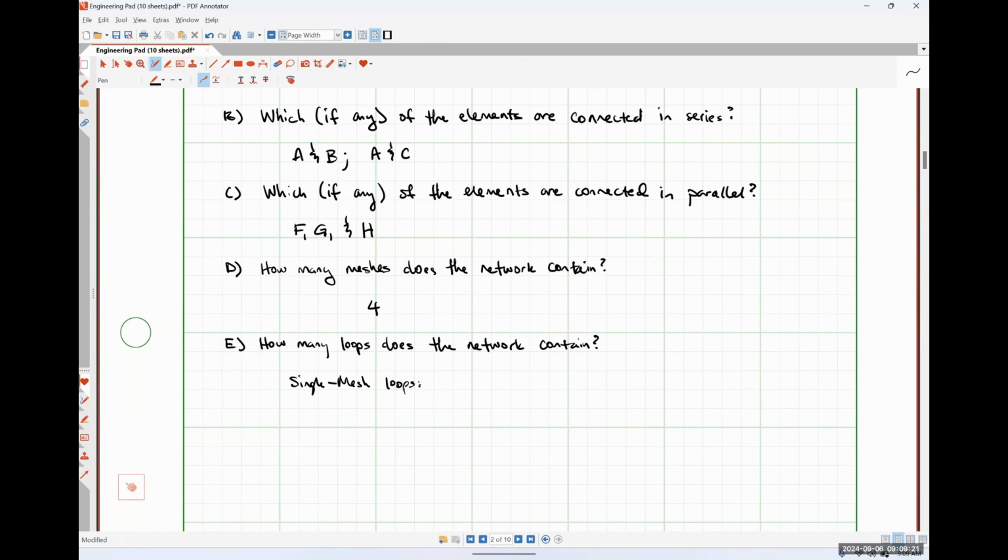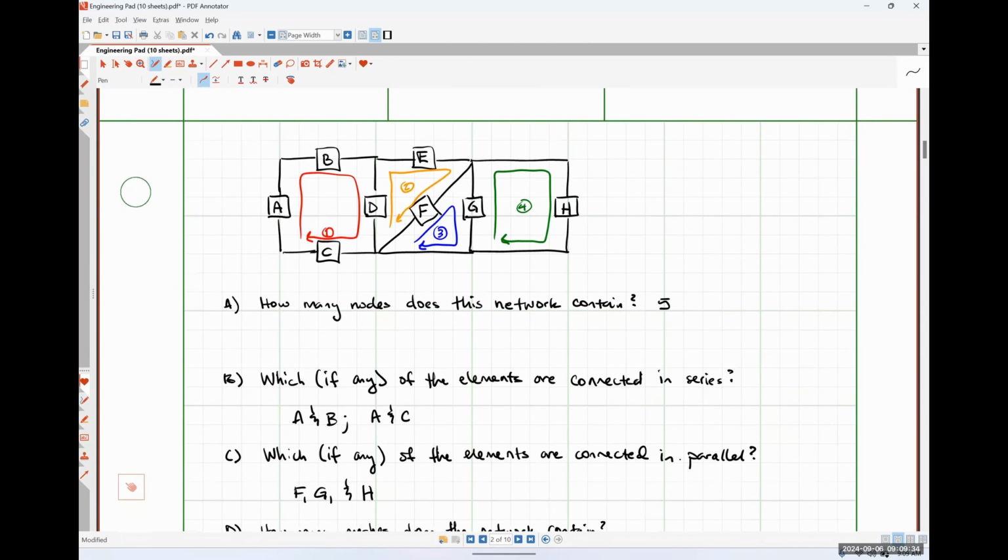Well, those are just all of our meshes, right? So there were 4 of those. So we can start from there. How many 2 mesh loops are we going to have? So these are loops that are formed by combining just 2 meshes.